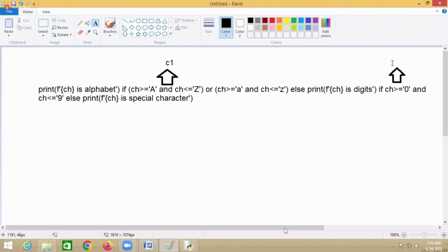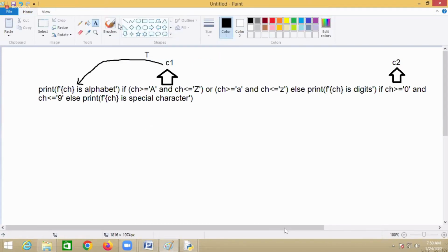What is condition 1 here? If character is greater than or equal to A and less than or equal to Z, or character is greater than or equal to small a and less than or equal to small z, meaning the input character is alphabet, then it will display. If this condition is true, it will execute operand 1.